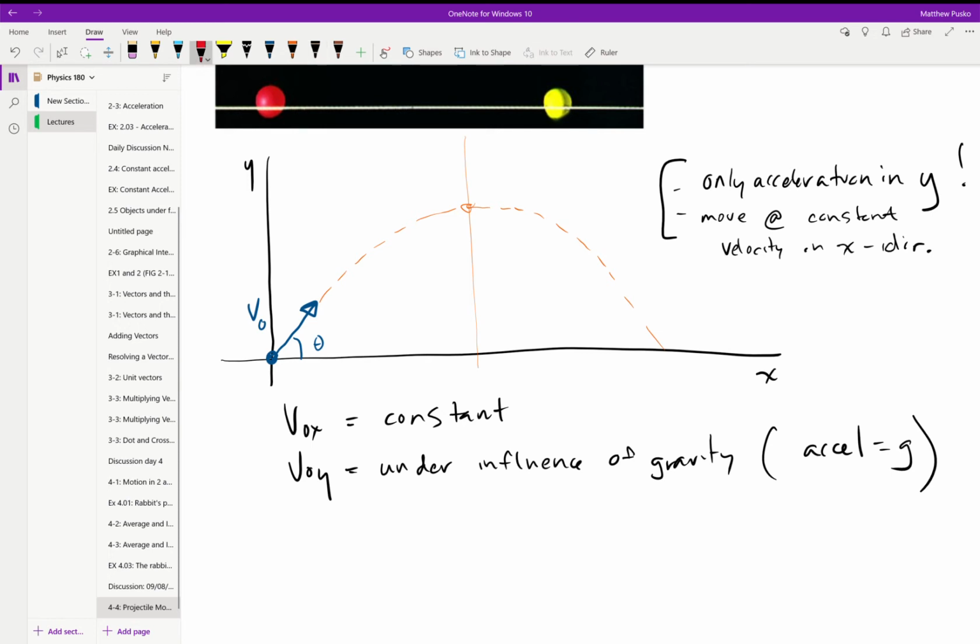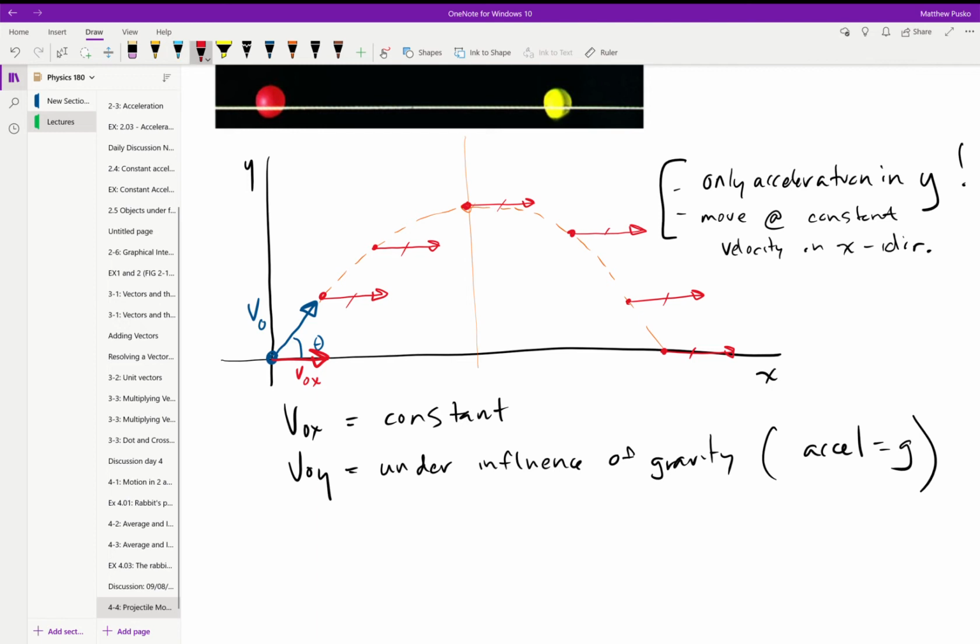What I'm going to do here now is show you that if this had some initial v naught in the x direction that was that long, and I come over here and I plot a few different points, the magnitude of the x component does not change. If we consider drag, which we will, then it will change, but all of these have the same length. They also have the same direction because we defined it in the x direction.